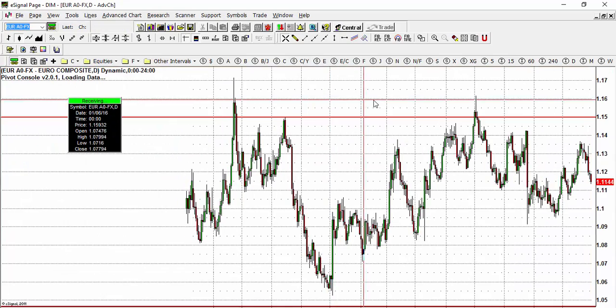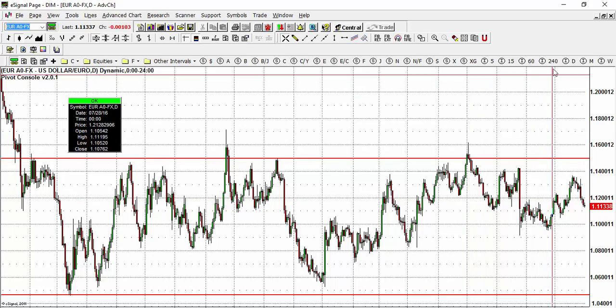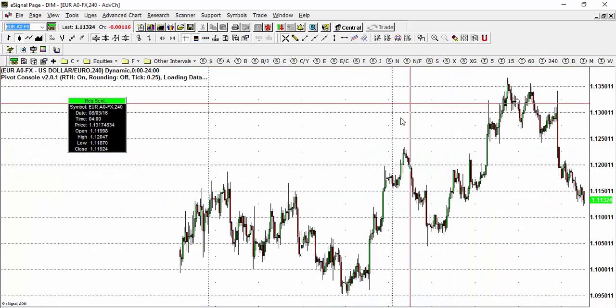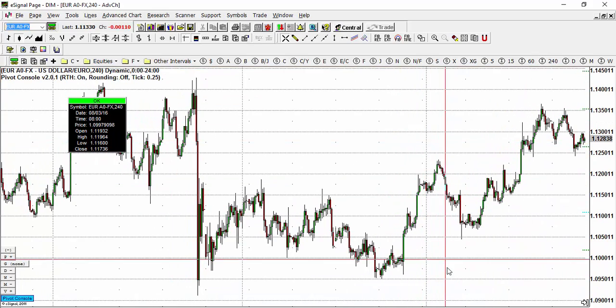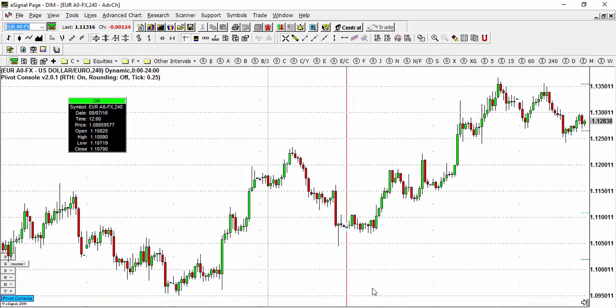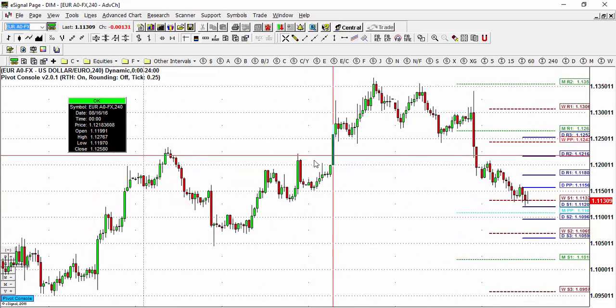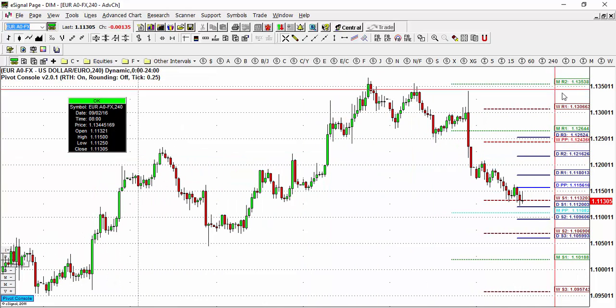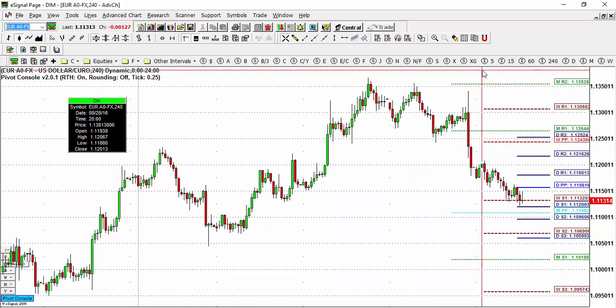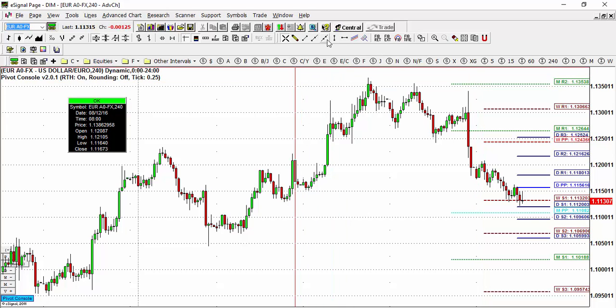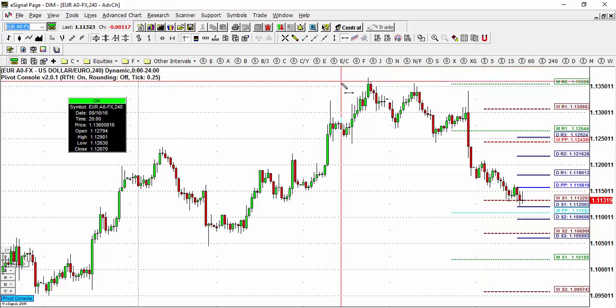Now let me just highlight the pivot points and the power of monthly pivot points. I have on my chart here the pivot points plotted, and we see the monthly R2 of 113.53. So let me draw a line at this pivot point.